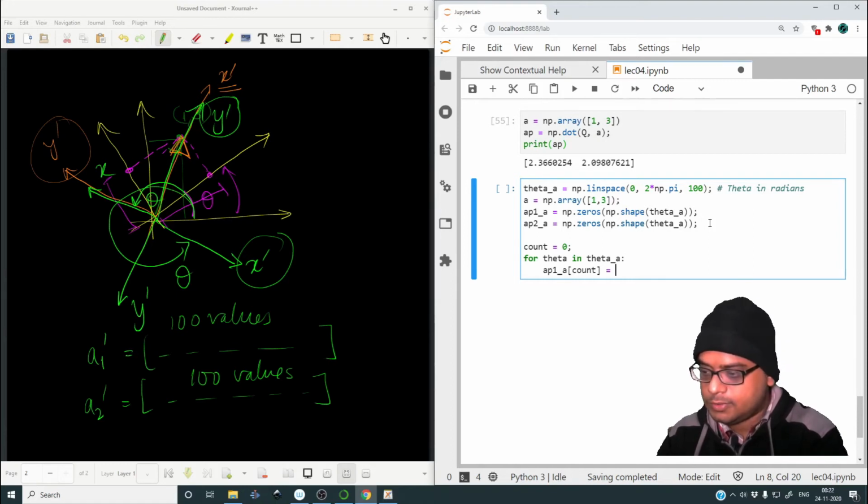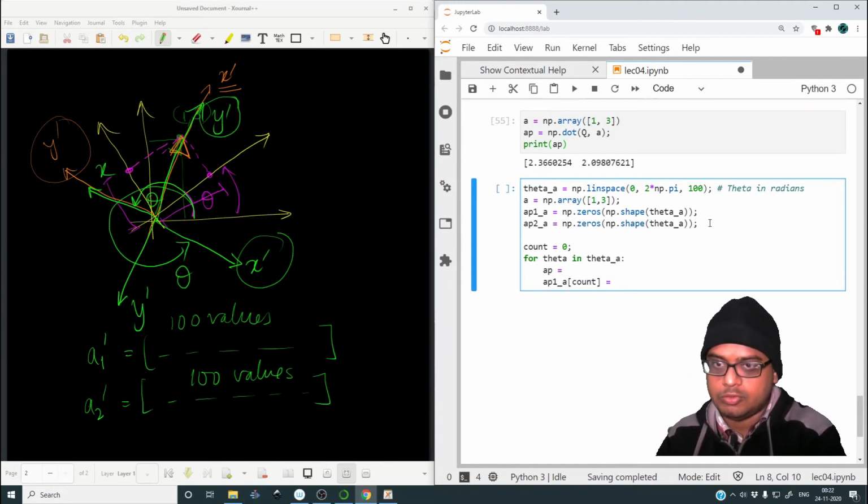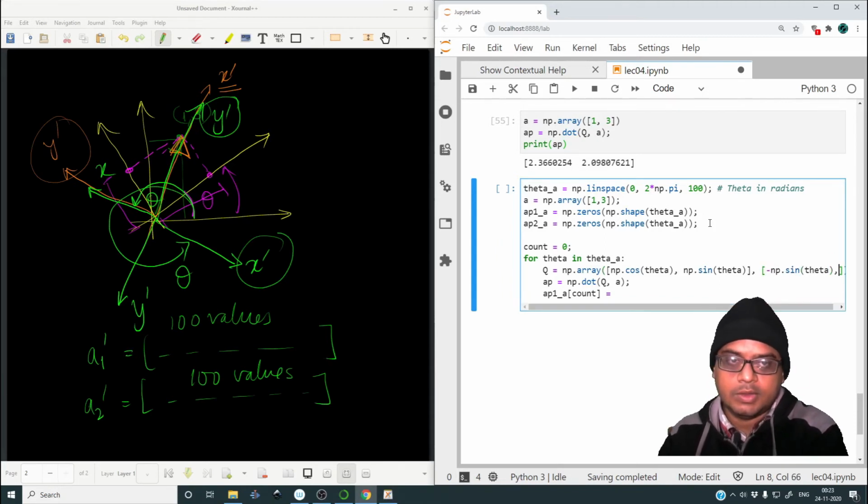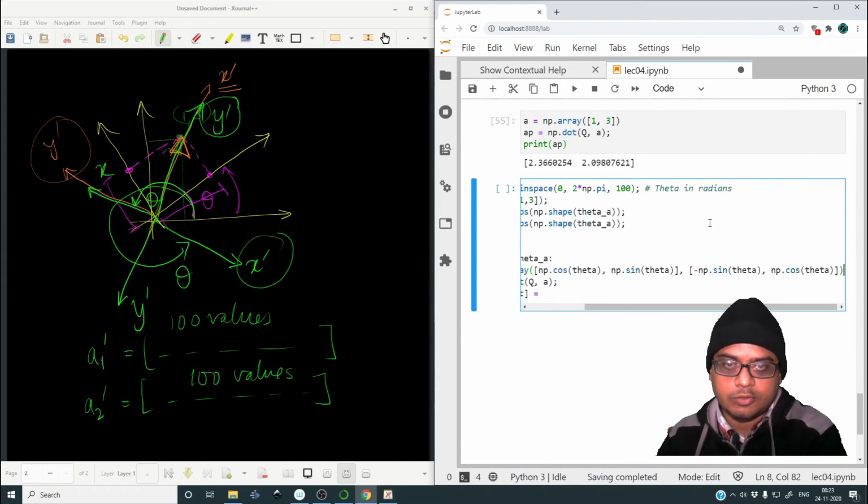In fact, let me do this: ap equal to np dot q times a, where q equal to np dot array, np dot cos theta, np dot sin theta, np dot sin theta minus of this, np dot cos theta, and we have to wrap it up with another square bracket.